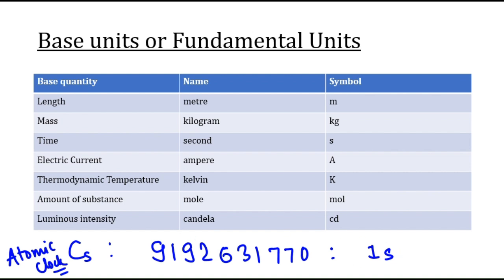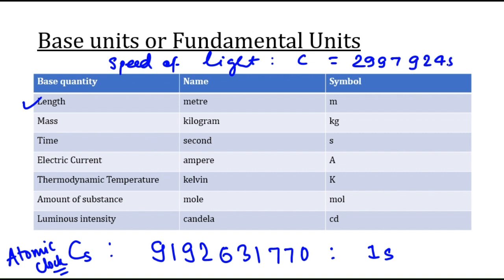In this way, we define 1 second. And okay, if we have 1 second, now we can define length also. To define 1 meter of length, we have to use one more quantity here, which is the speed of electromagnetic wave in vacuum. Let's say speed of light in vacuum, that is c. To be precise, this speed is 299,792,458 meter per second.